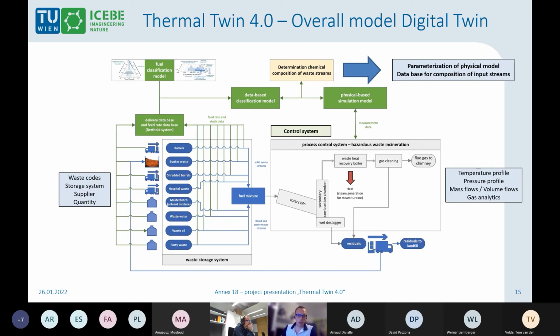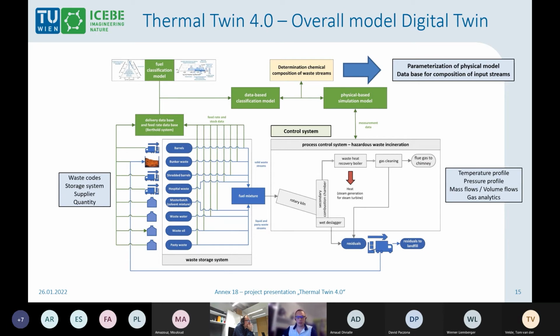Therefore, we now combine this Berthold system and the fuel classification model, over a database algorithm, with the physical-based simulation results, and we get a determination of the chemical compositions of the waste streams. So by this combination we can determine the real chemical compositions of the historically fed waste streams.